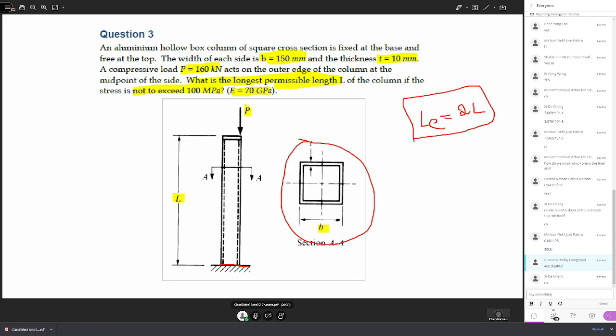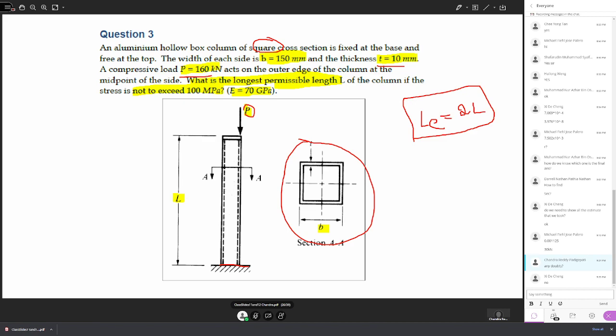Okay, the dimensions of the box are given. The width is 150 mm, the thickness is 10 mm. So the dimensions are given 150 multiplied by 10. Thickness is 10. Okay, so this is a square box. So square cross section. A compressive load P of 160 kilonewtons acts on the outer edge of the column, okay, at the midpoint of the side.